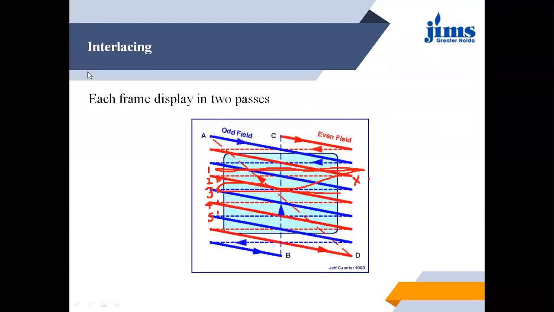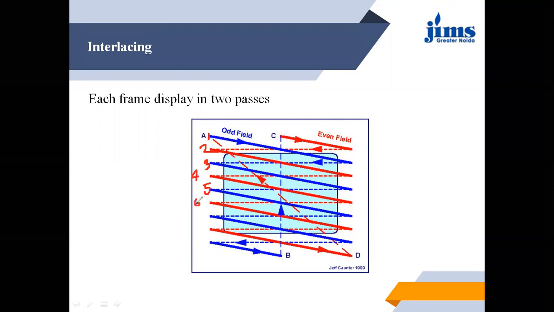You can see from here, it will be more clear from this diagram. This is an even field, this is an even retrace line, this is accessing only first, this is accessing first, third, fifth, and the blue line is accessing only second, fourth, and sixth.